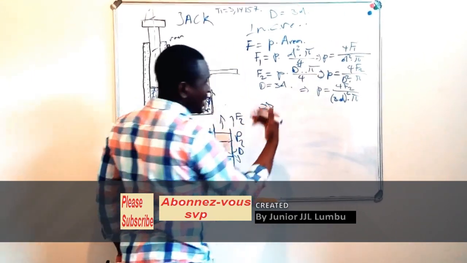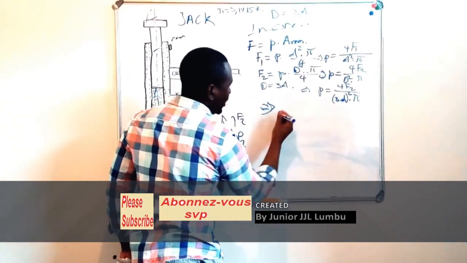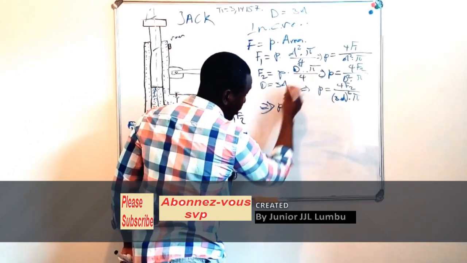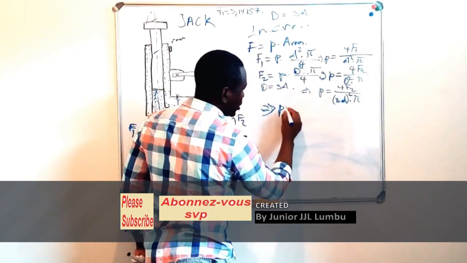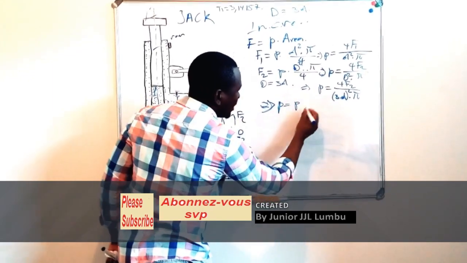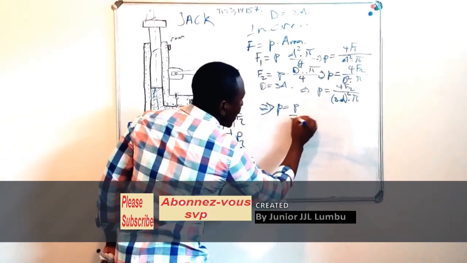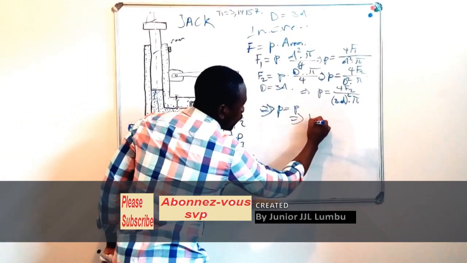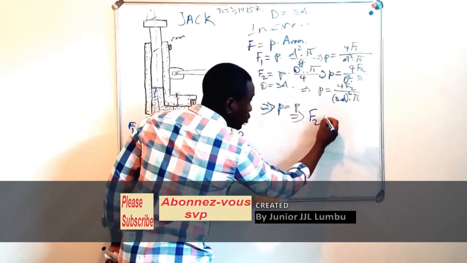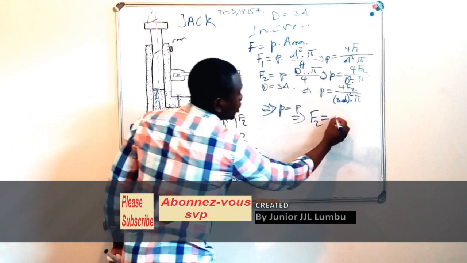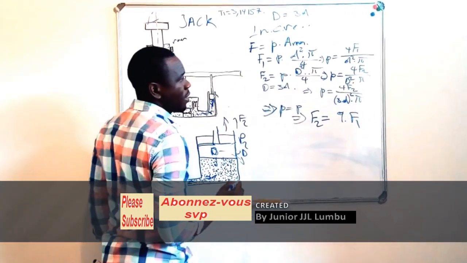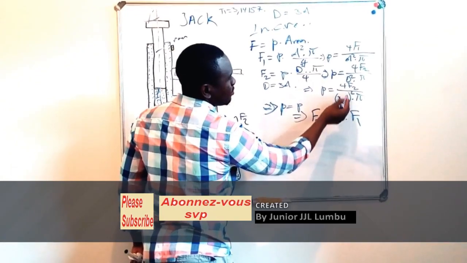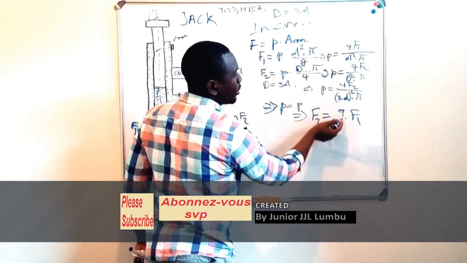And then against this will mean that P1 is equal to the other P, so the pressure is equal to the other pressure. At the end of the day, force 2 will be equal to 9 force 1, because 3 squared equals 9.